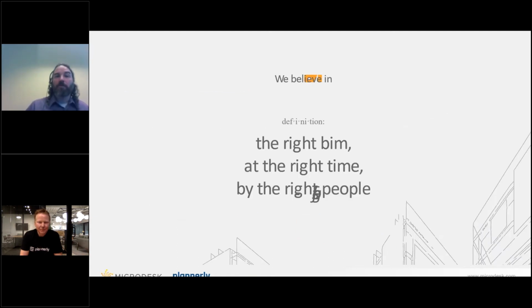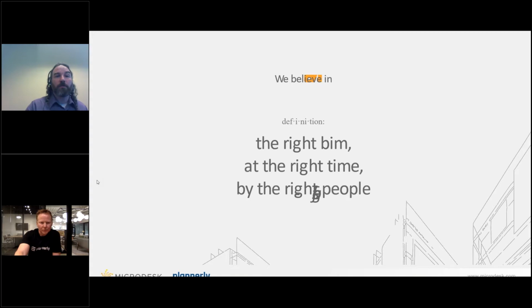So what we're starting off with is what we believe in. A couple of graphics seem to have not been happy right now. The graphic here was supposed to say the smart BIM. What that actually means is the right BIM at the right time by the right people for the right reasons. So making sure that when you're working with things, you're not just making it in 3D.